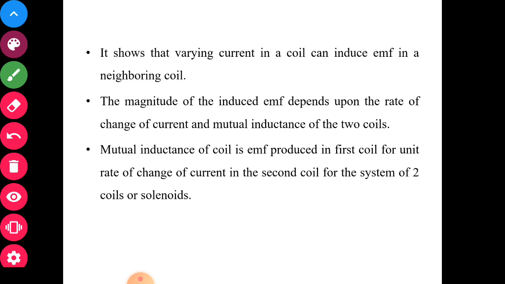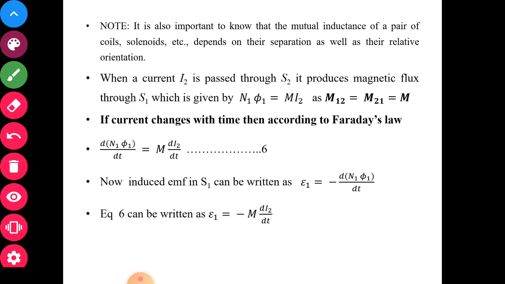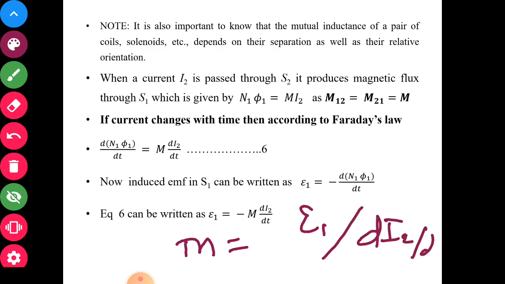Try to understand this. I have explained earlier that the mutual inductance of the coil is the EMF produced in the first coil for unit rate of change of current in the second coil. This can be understood with the help of this equation also. If you make M the subject of the formula here, it becomes E1 divided by dI2/dt. Now what is E1? It is the electromotive force.